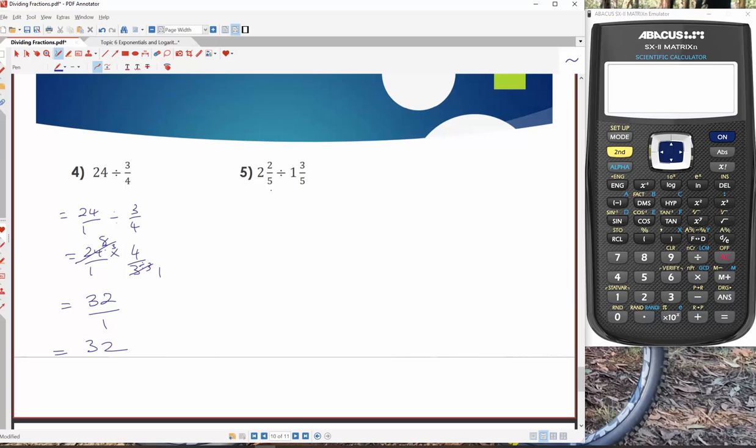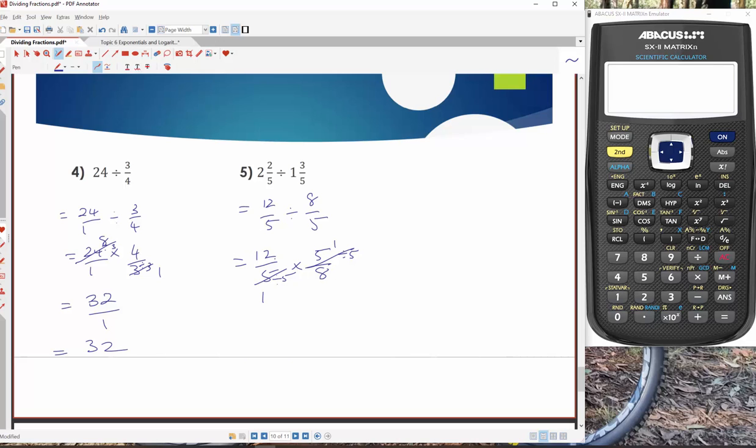Now this one here, before we multiply by the reciprocal of this, best convert this to an improper fraction. 10, 12 on 5, divided by 1 5's a 5, 8 on 5. Dividing by a fraction is the same as multiplying by the reciprocal. Let's see if we can cancel. Divide by 5, divide by 5, brilliant.